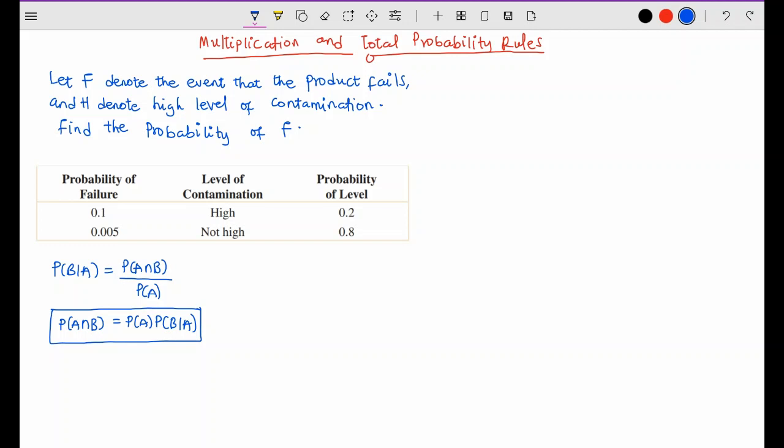It's just another way of rewriting the conditional probability rule.